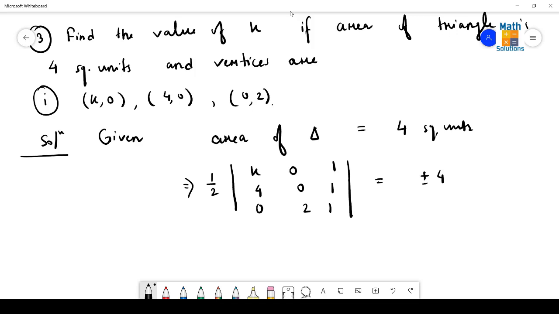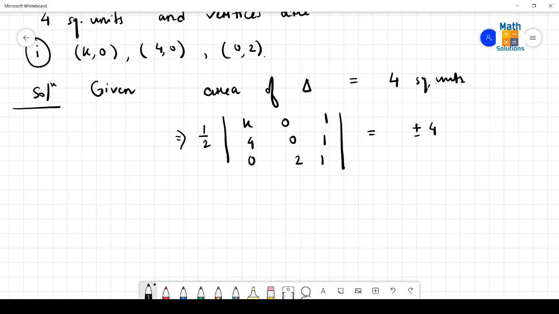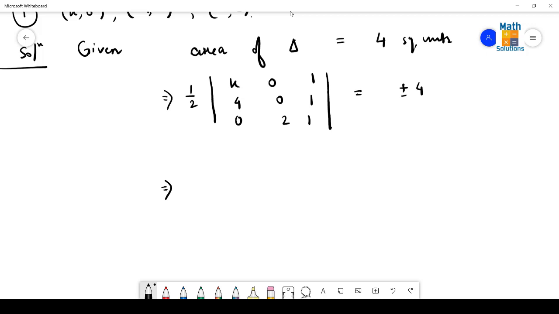So let us expand the determinant now. So this 2 will be coming to the other side. Let's expand this part. k into, we are expanding along the first row, (0 minus 2), then second term will be 0 only, then the third term becomes 8 minus 0, that is equal to plus minus 8 after multiplication by this 2.